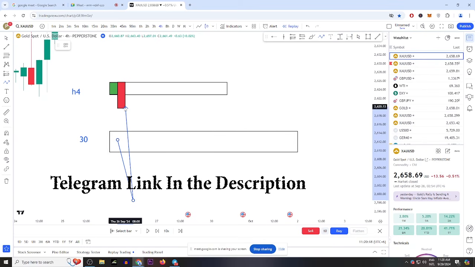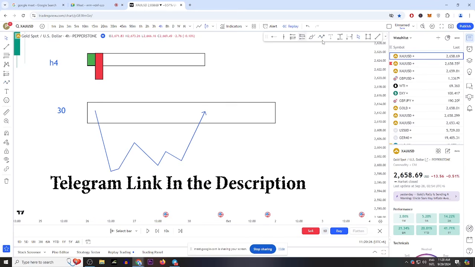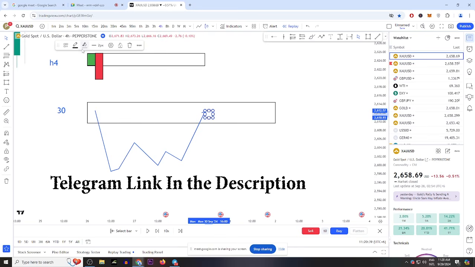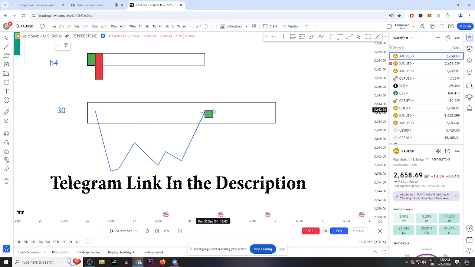After this H4 finishes, the market will go back to that area, a candle has to close in that area, and there will be an engulfing in the 30 minute. As I said, I do not teach it nowadays and it is not that important to me, but it's good to identify. It gives you confidence.